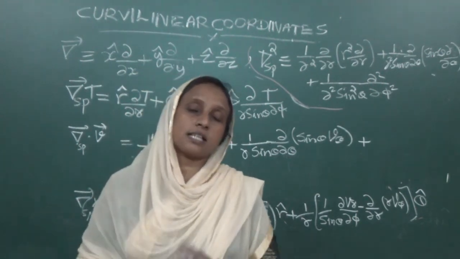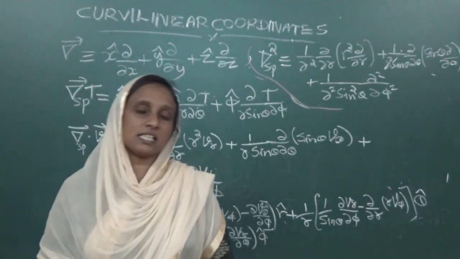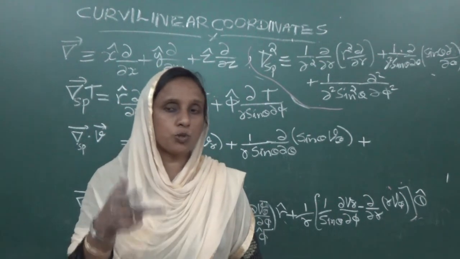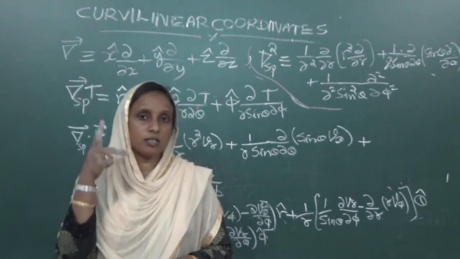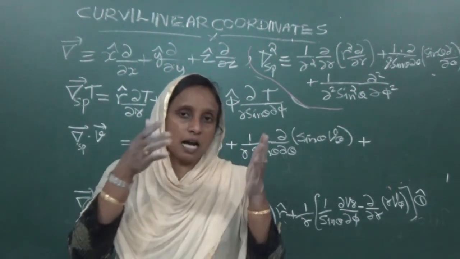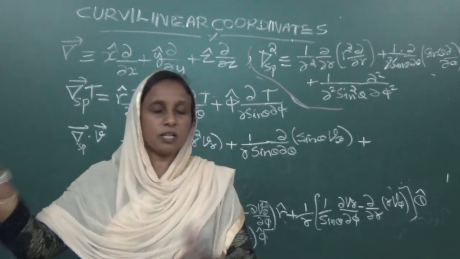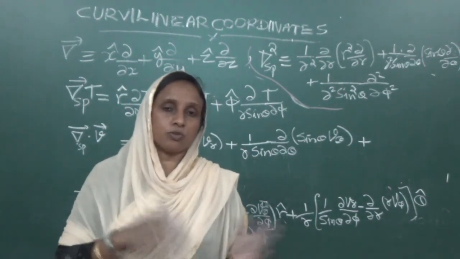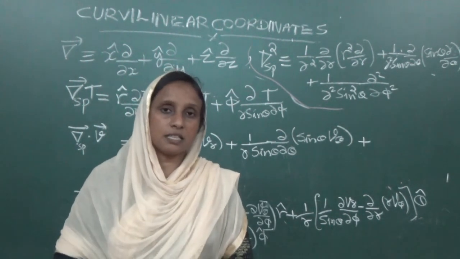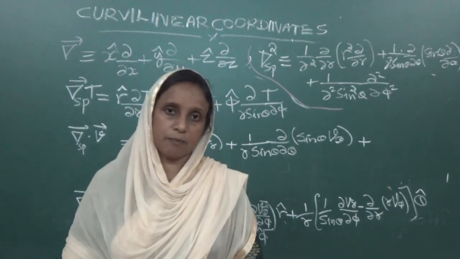So this curvilinear system, the spherical coordinate system, is orthogonal, whose basis vectors are r cap, theta cap and phi cap. They are mutually perpendicular, so it is called an orthogonal coordinate system. You can represent r cap in terms of x cap, y cap and z cap, and similarly the inverse also. In this lecture we expressed r cap, theta cap and phi cap in terms of x cap, y cap and z cap.